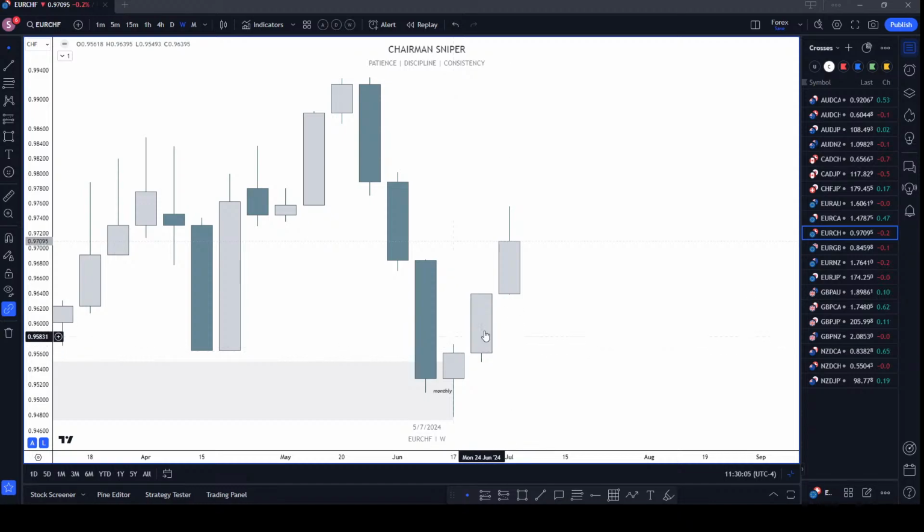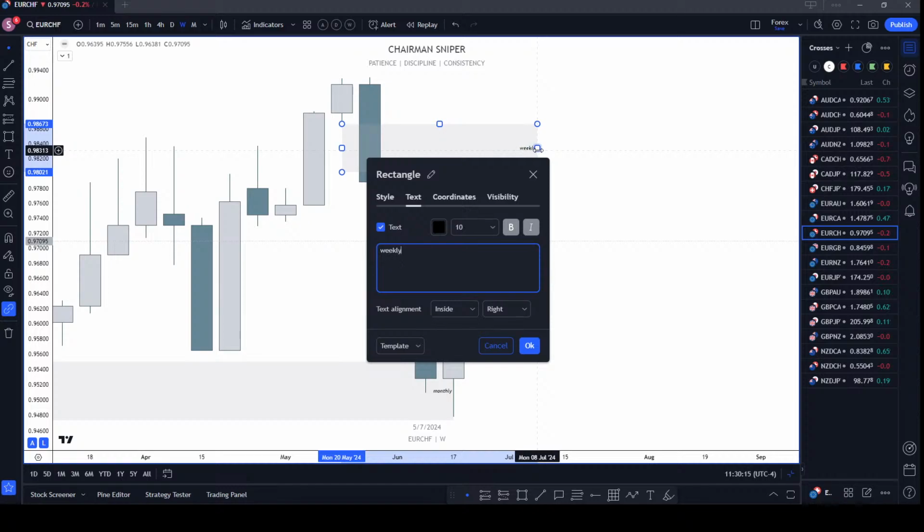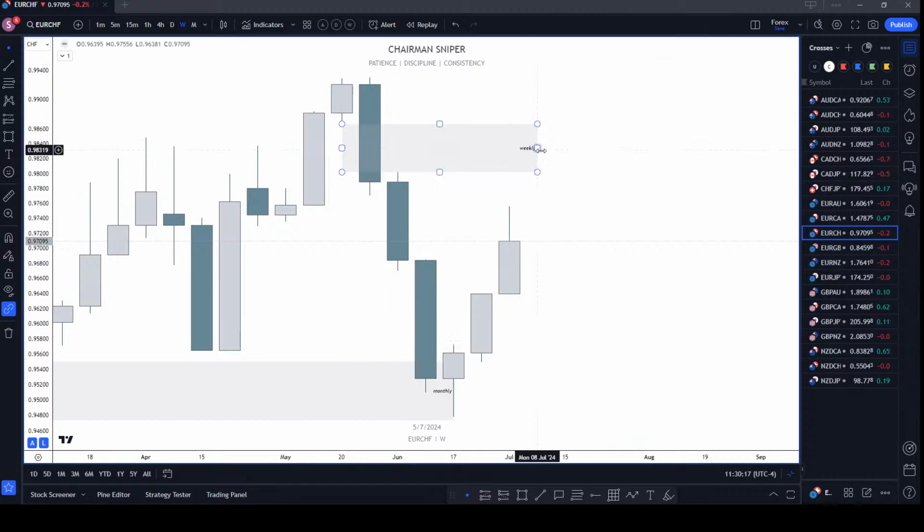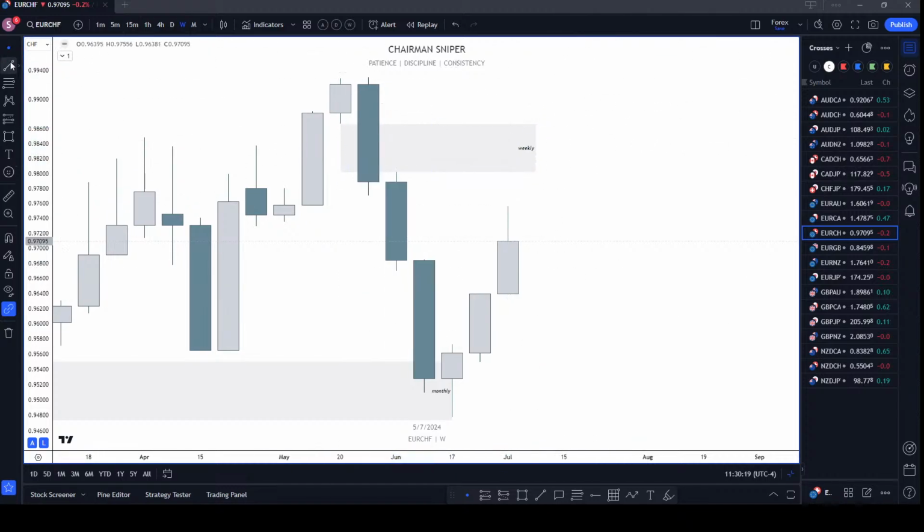Don't want price to trade back into this. We have closed inside this fair value gap, so I'm gonna say that our next target will probably be this fair value gap. Potentially our next target, as well as these highs up here.